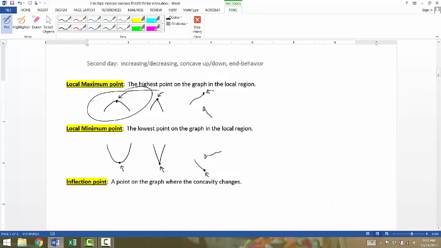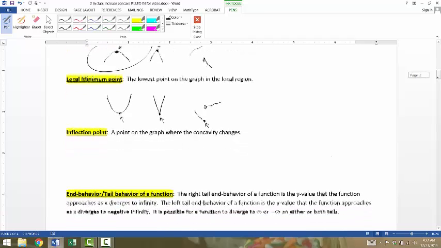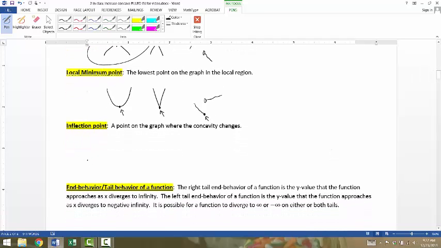An inflection point is a point on a graph where the concavity changes. And let me draw a few different examples. A graph could be increasing concave down, then change to increasing concave up. So that point where it changes concavity is the inflection point. Similarly, it could be increasing concave up, then change to increasing concave down.